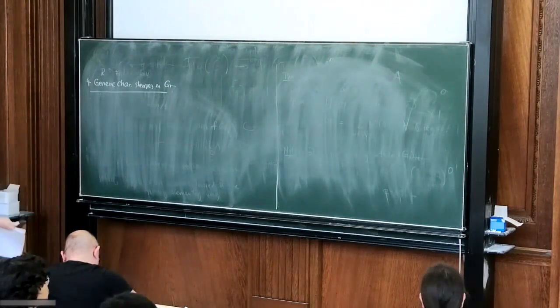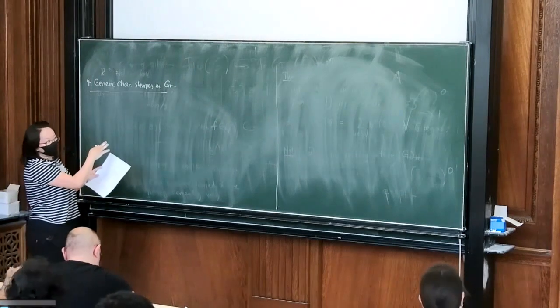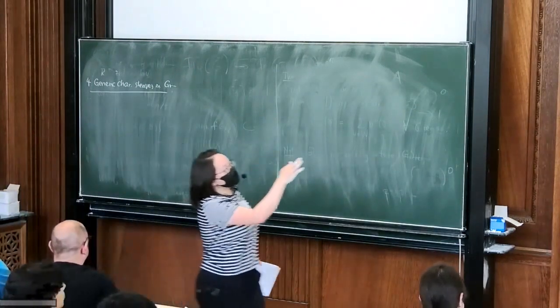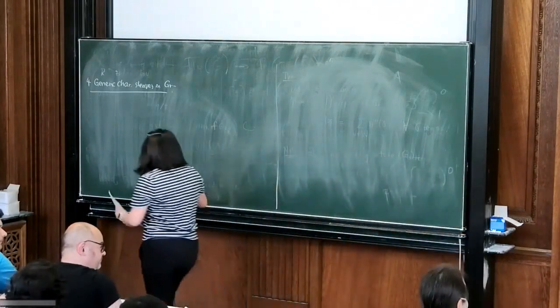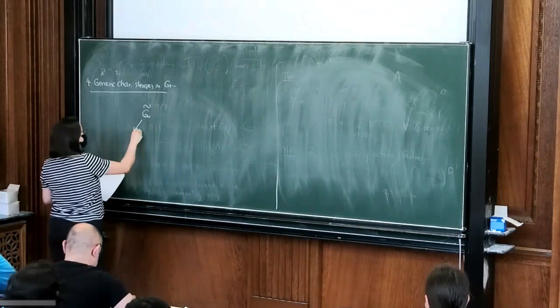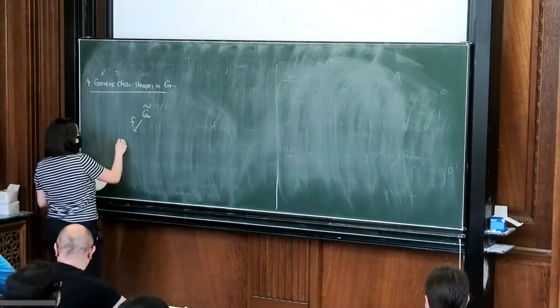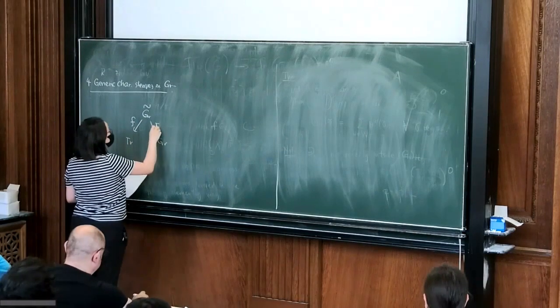Okay, now what I want to do is do everything over there, but now over GR. So I'm going to again write basically a mirror of what I wrote over there, the Grothendieck-Springer resolution, and now just stick an R everywhere. This is TR now. This is now GR. This is pi.